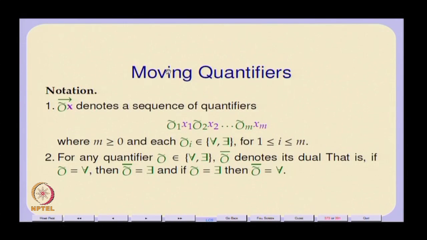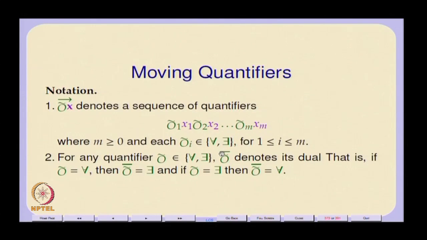Now let us get on to the main thing, which is moving quantifiers. So I am going to introduce some heavy notation. I am going to use a vector like this to denote a sequence of quantifiers, where these quantifiers could be either for all or there exists, any of them.